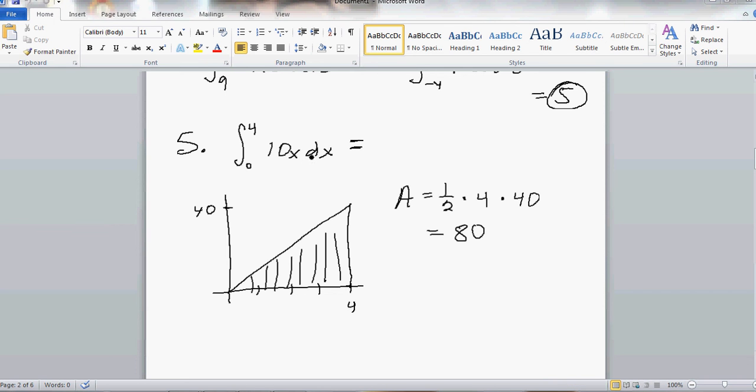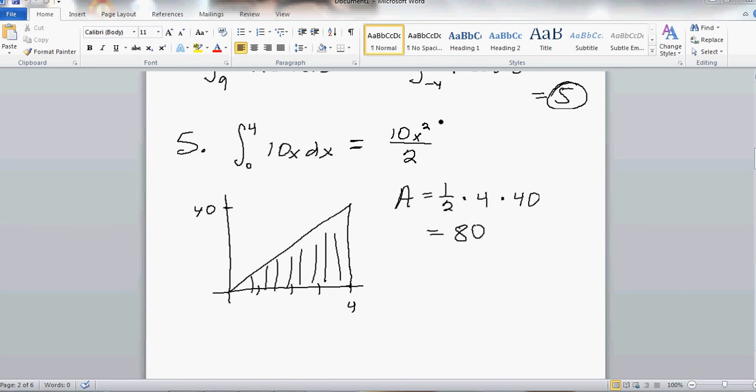That's the antiderivative. So this would become 10x squared over 2. Normally we'd put plus c, but since we've got numbers, we don't need the plus c. This actually helps us to determine everything that we need.